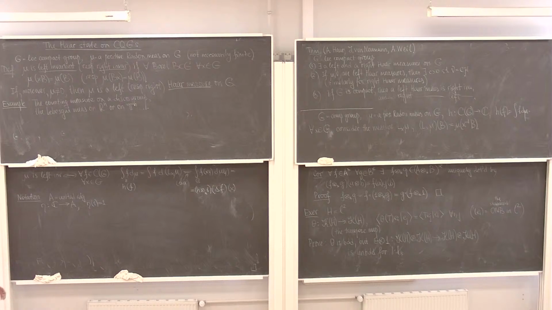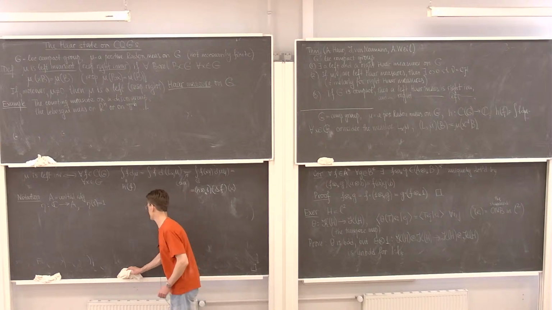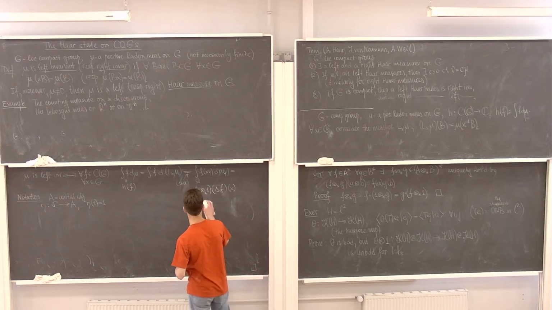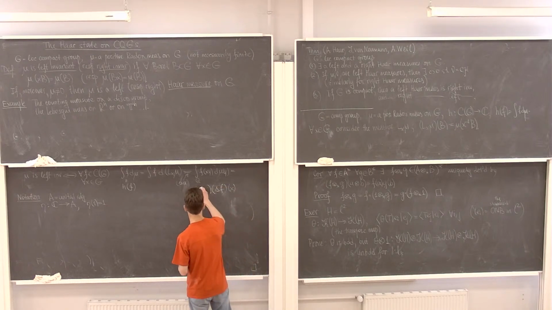It takes the identity of the complex numbers to the identity of A. Why h tensor 1 but not vice versa? We integrate, oh, of course, thank you very much. We integrate with respect to mu in the second variable, and yes, you're right. Thank you. 1 tensor h, thank you.